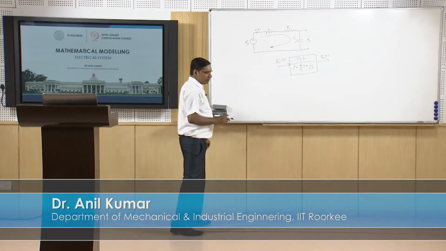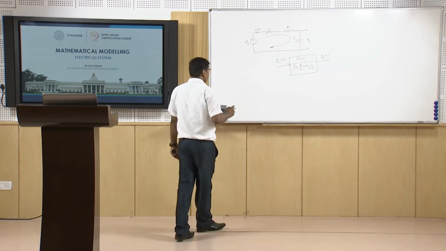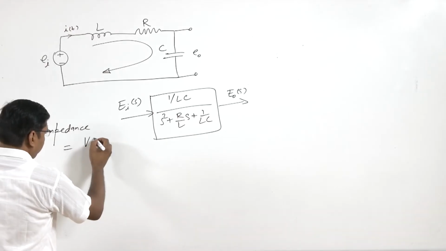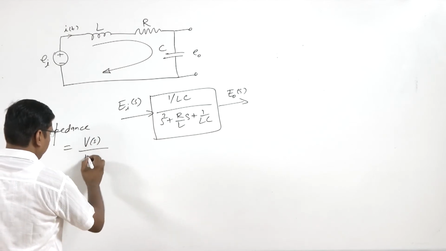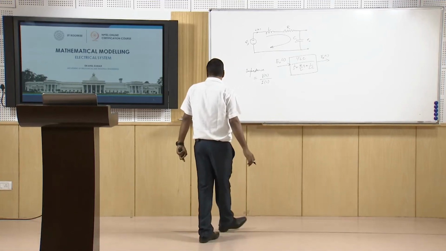In an electrical system, the impedance is defined as voltage upon current in the s domain.